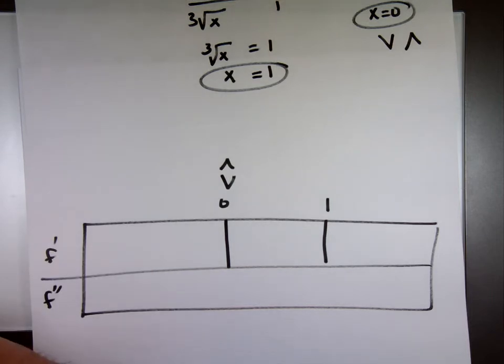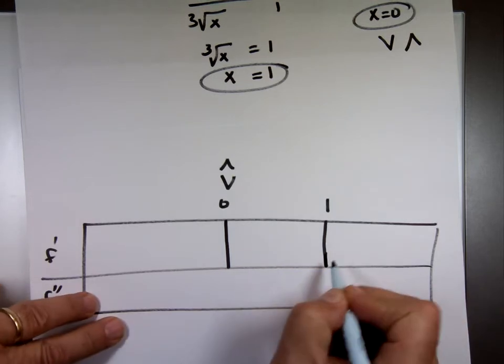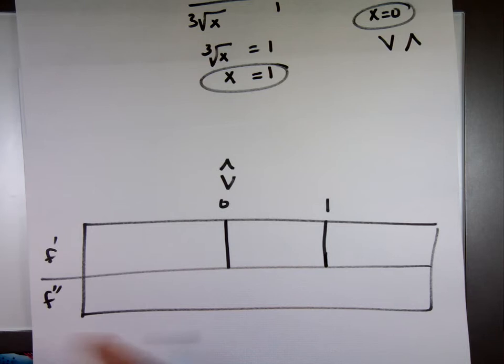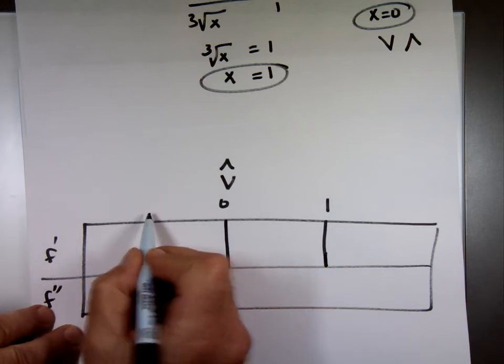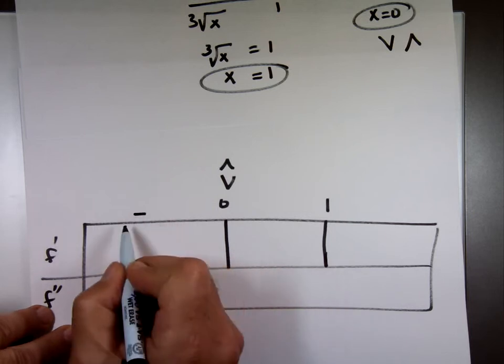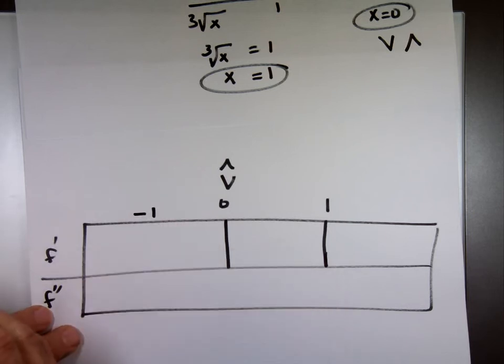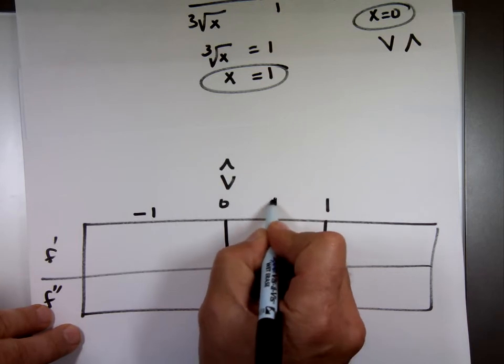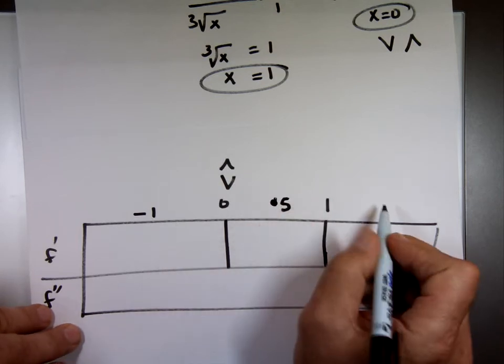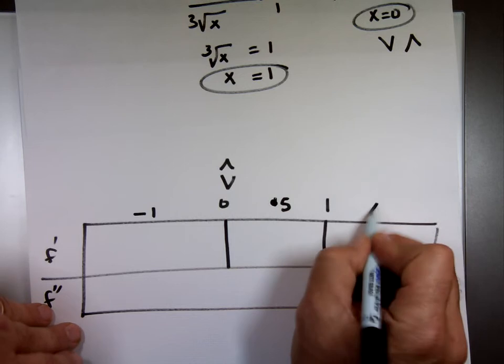And the 1, let's see. And now we're going to take a test point in each segment. Less than 0, that'll be, I don't know, negative 1. Between 0 and 1, I'll use a half or 0.5. More than 1, I'll use an 8. I should use a negative 8 here.